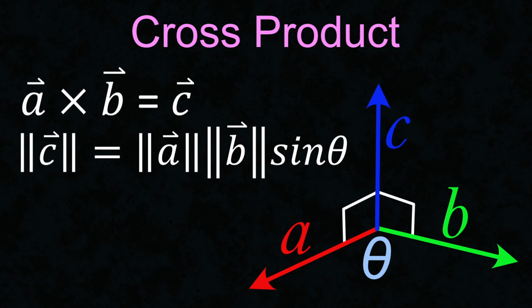At 180 degrees, the sine of 180 degrees will be 0, and then at 270 degrees, the sine of 270 degrees will be minus 1. So there it will point in the opposite direction. It'll be going negative from here.